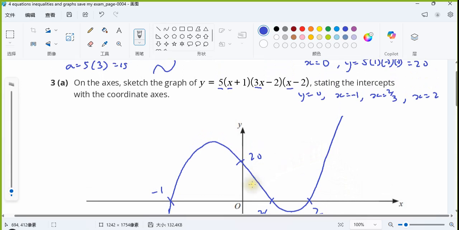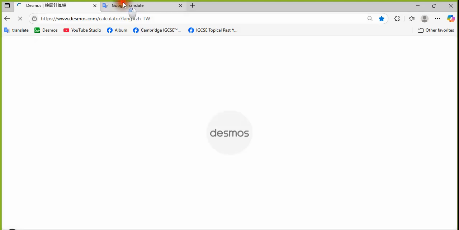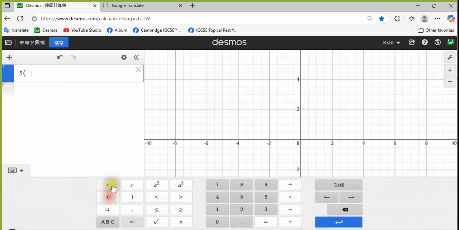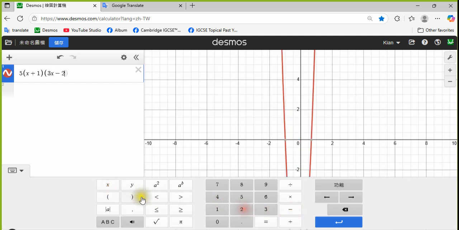5 times (x plus 1), (3x minus 2), and (x minus 2). So we use the decimals, then we have 5 times (x plus 1) times (3x minus 2) times (x minus 2).